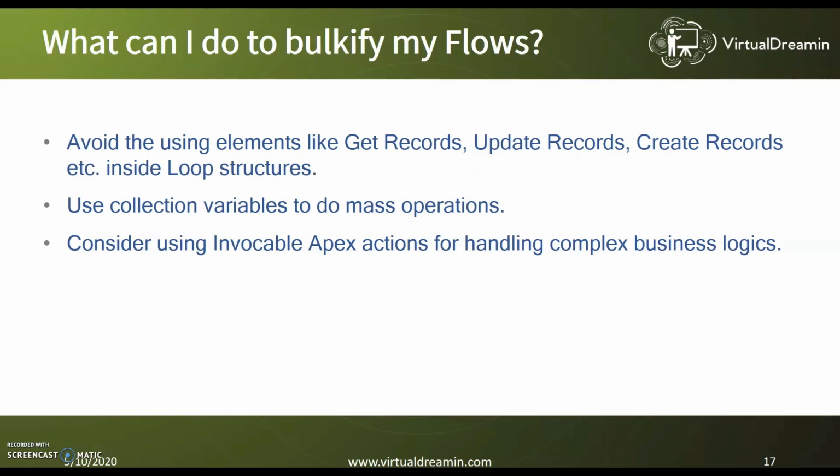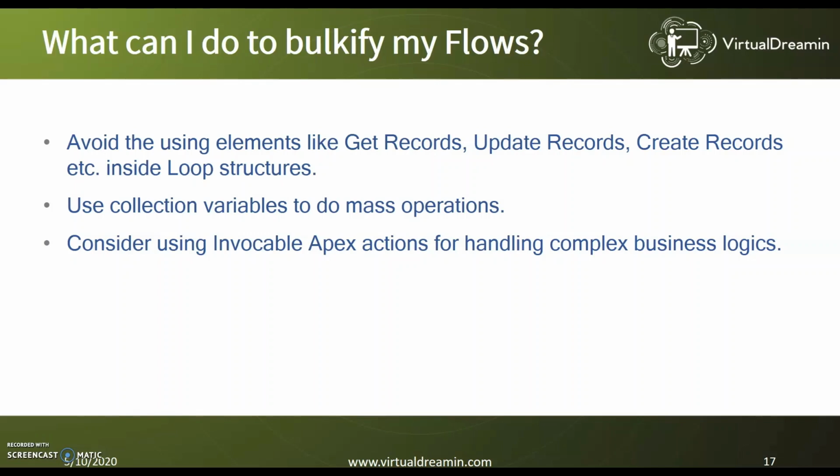The first and primary objective is to avoid using DML operations and SOQL queries inside a loop. How it translates in the flow is that you should avoid using elements like Get Records, Update Records, and Create Records inside a loop.